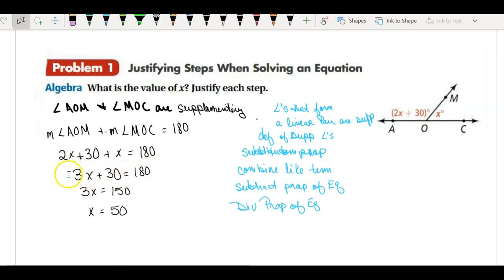So that's why this step was combine like terms and not the addition property of equality. When you use the addition, subtraction, or multiplication property of equality, you'll do it on both sides of the equal sign, not just one.